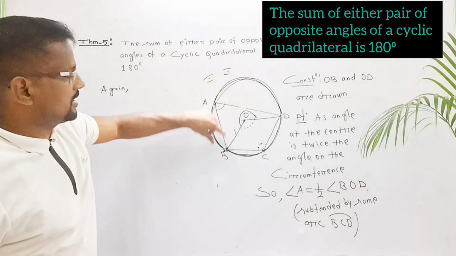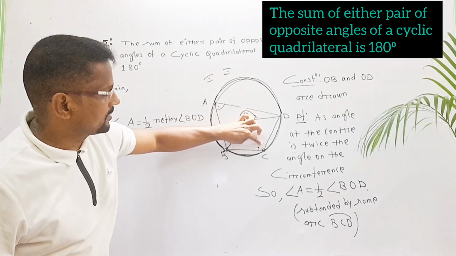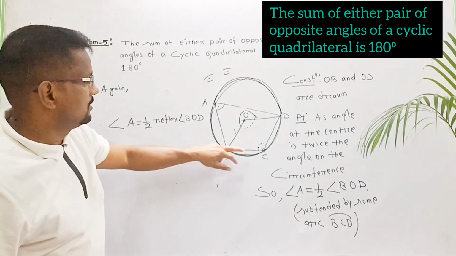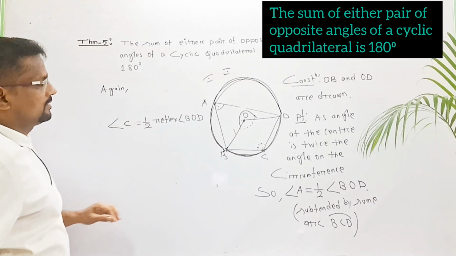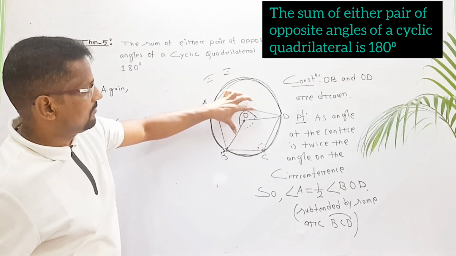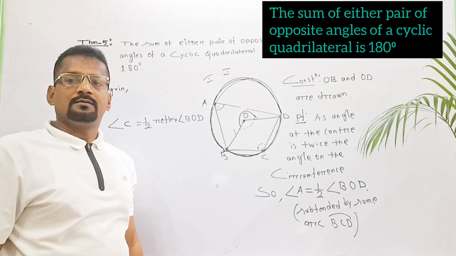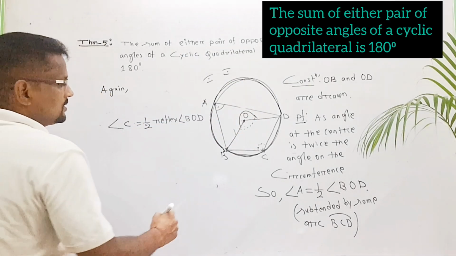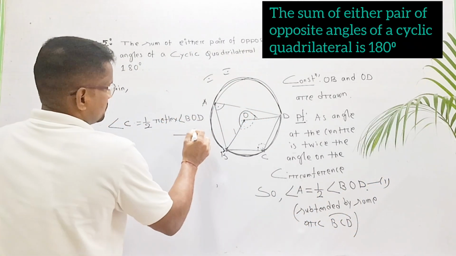That is from this side. If you observe, this is the angle at the center, this is the angle on the circumference. Sorry, this is not A, this is your angle C, half of this angle, or you can say this angle is twice angle C. Now this is your number 1 and this is your number 2.